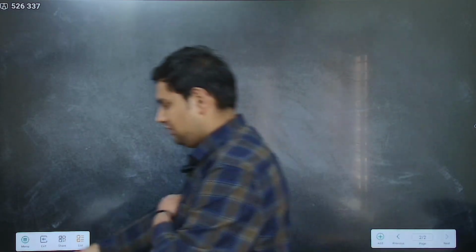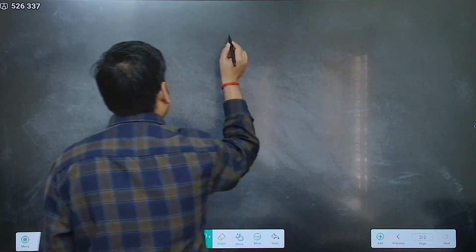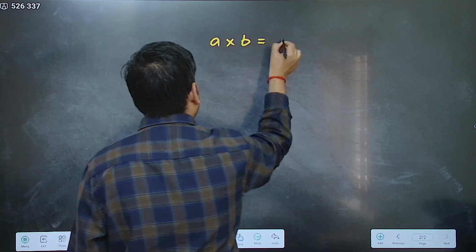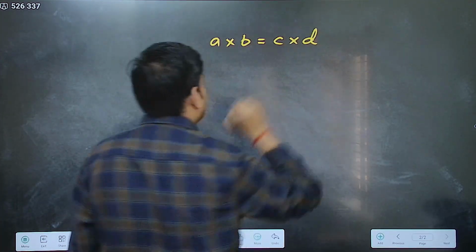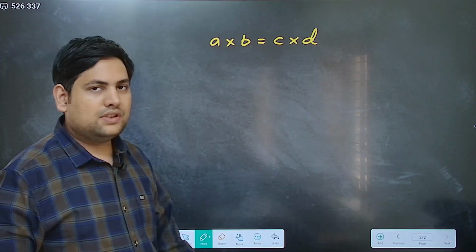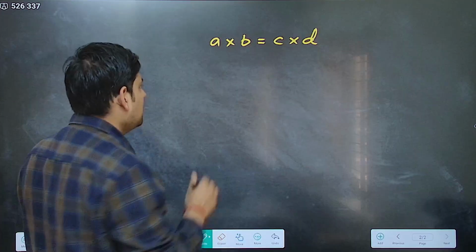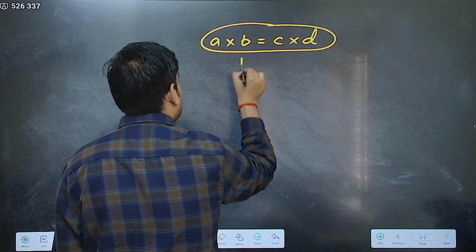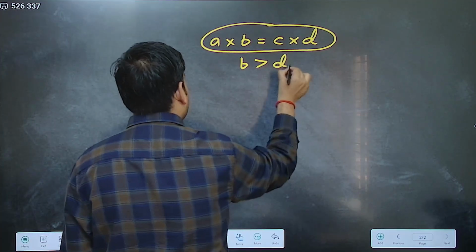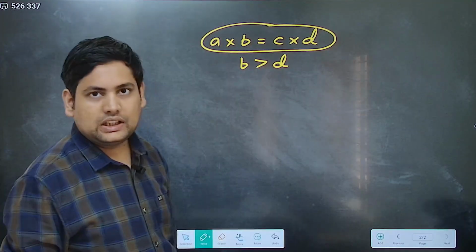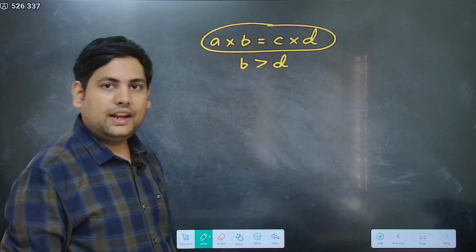Now understand this concept. If something is written like this, let's say A into B is equal to C into D. Something is written in this format. Now first thing that you should understand, that if this is written and I also tell you that B is greater than D, then what can I say about A and C?